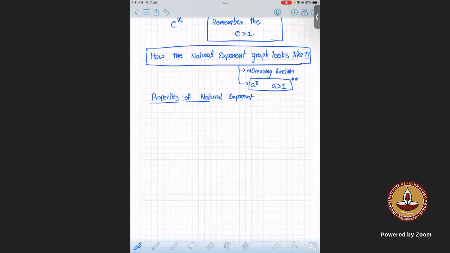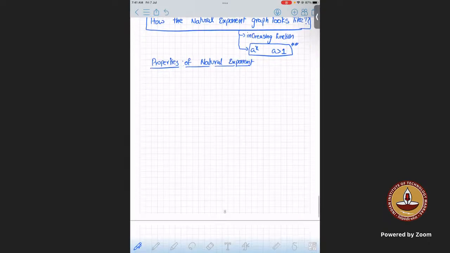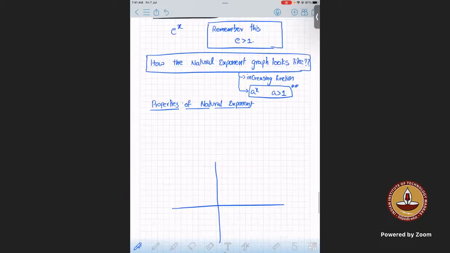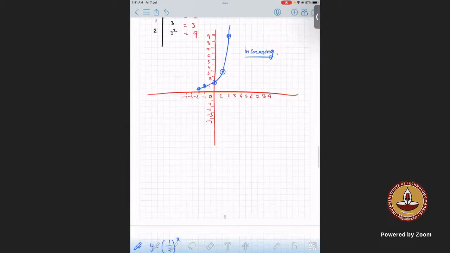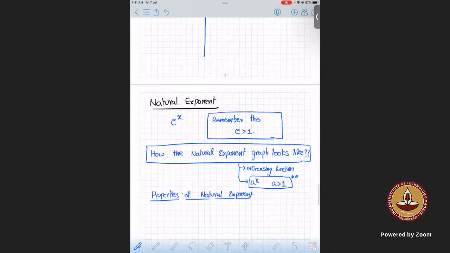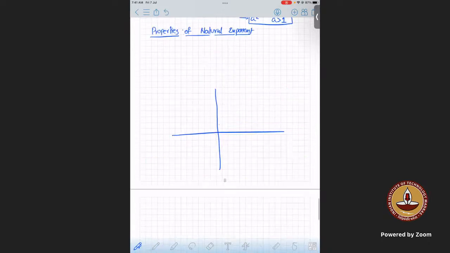Listen to this carefully. If you draw the natural exponent, how will it look? Similar to this. So I'm only drawing this half side.